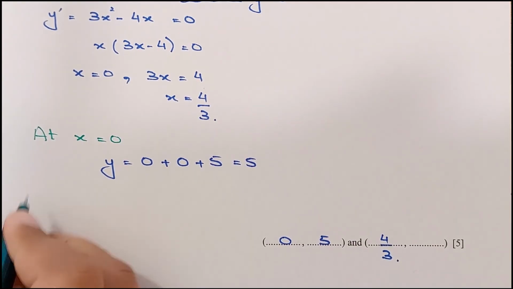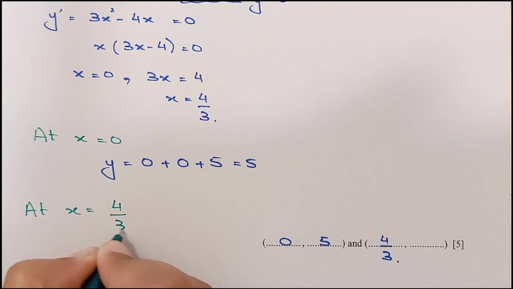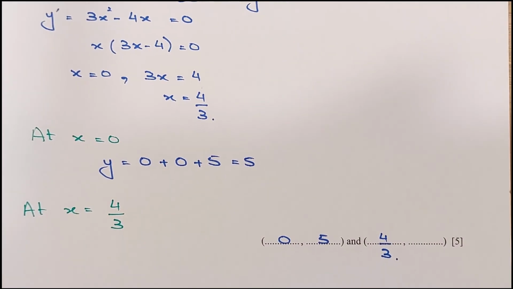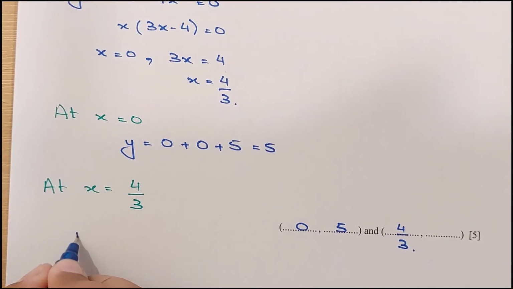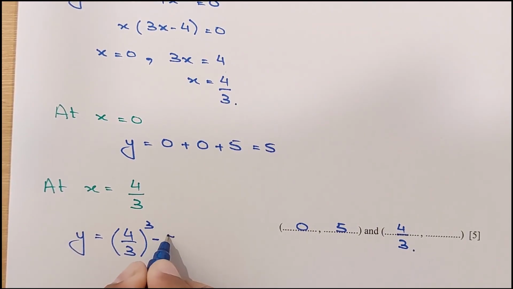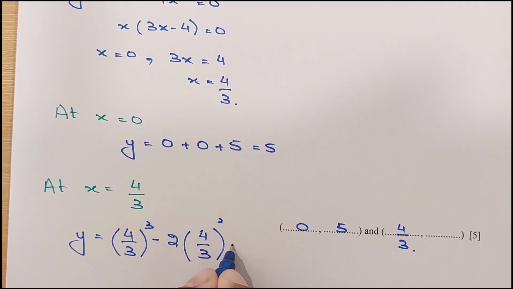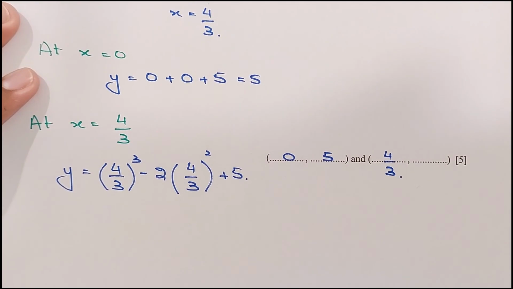Now let me find the second, at x equals 4 by 3. What is the corresponding y value? Put that 4 by 3 into the curve. So y equals x cubed, 4 by 3 cubed, minus 2 times 4 by 3 squared, plus 5. Let me simplify this.